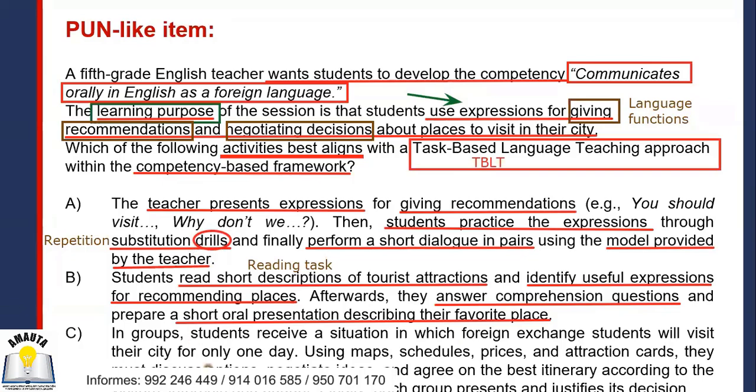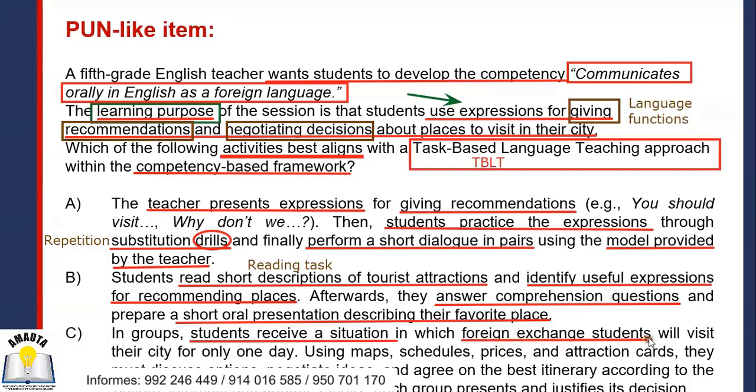The last activity says in groups. Here we have something different. In groups, students receive a situation in which foreign exchange students will visit their city.